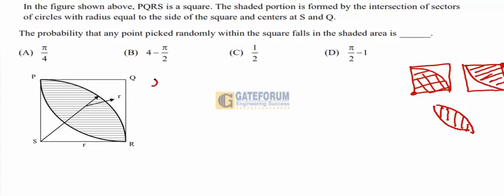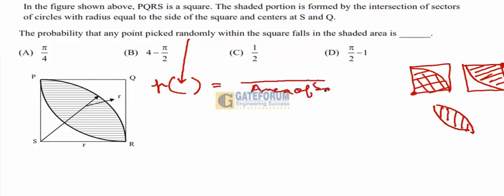So I will say that the probability, rather than writing it and pointing, would be nothing but the total outcome being the area of the square and the favorable outcome being the area of this portion.